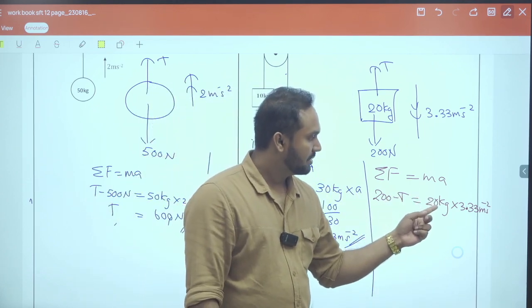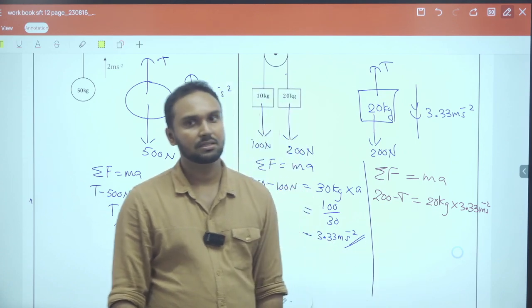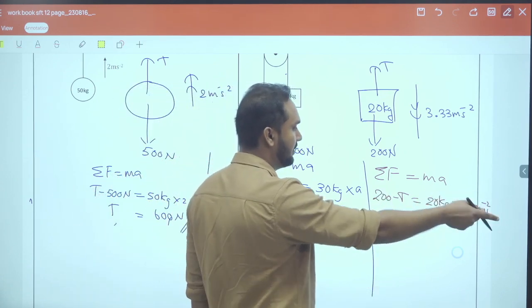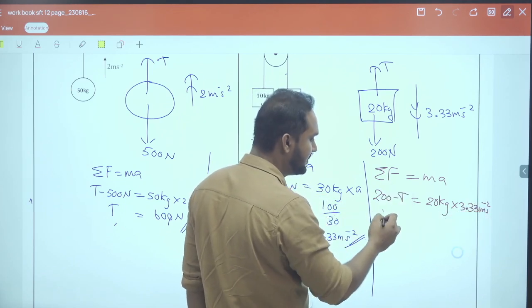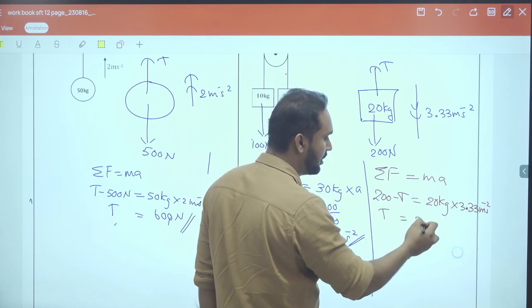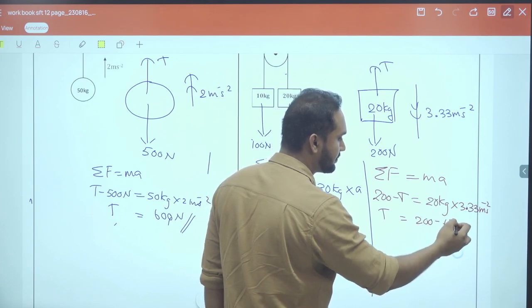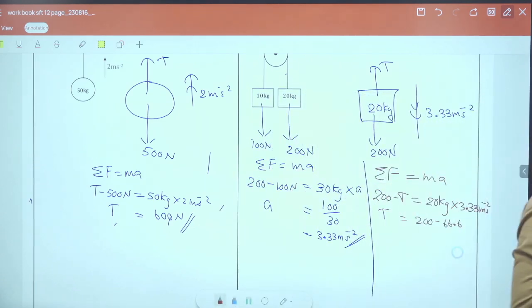So tell me what is 3.3 into 20? 66.6. So minus T going that way becomes plus T. So T equals 200 minus 66.6. Tell me the answer.